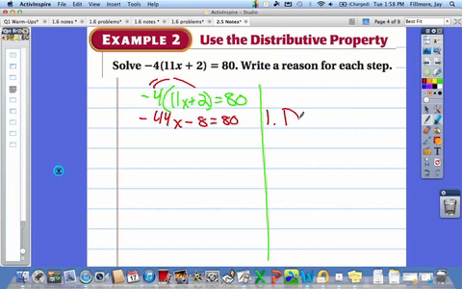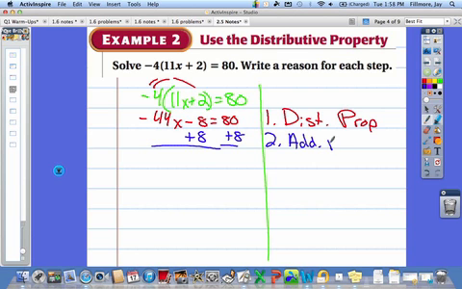So we start with our distributive property, another property that we used in Algebra 1. Next, to get x by itself, we'll add 8 to both sides. So that's our addition property. And then we cancel stuff and simplify. So these cancel, so we have negative 44x. And if we add these together, we have 88. So that was our simplifying step.